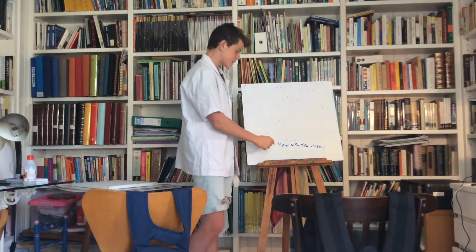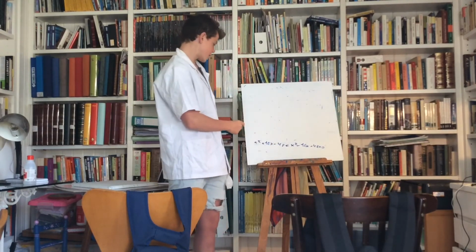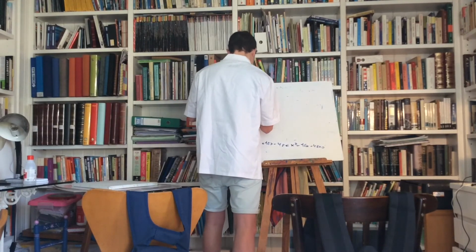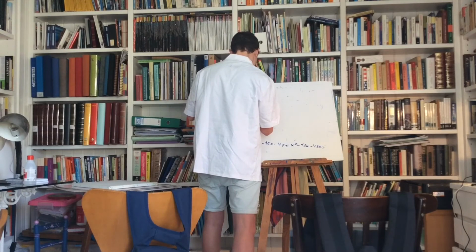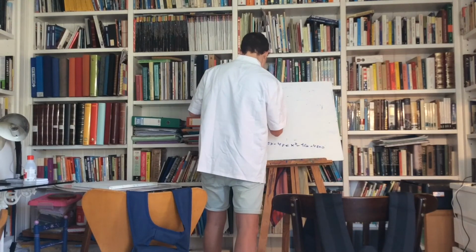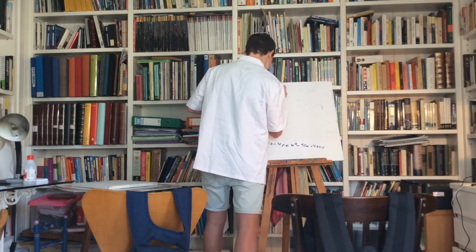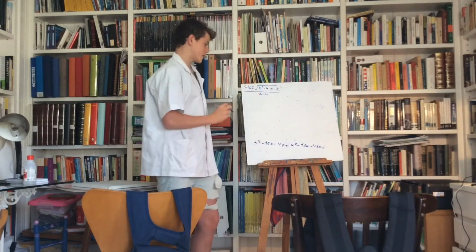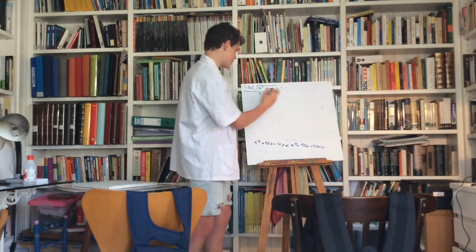Now we have a second degree equation, for which we have to remember this formula: minus b plus or minus square root of b squared minus 4ac, over 2a. Okay, so we have this, and we just get the value of b and put it there.